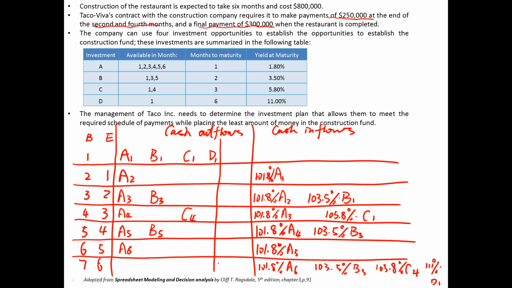So we have to make the payment of 250,000 at the end of the second month, and 250,000 at the end of the fourth month.